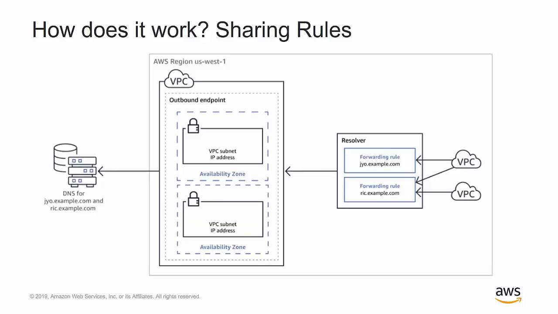You can see the top right VPC is actually associated with both the JYO rule and the RIC rule, whereas the VPC on the bottom is only associated with the RIC rule. Regardless, because both those rules are associated with the outbound endpoint on the VPC to the left, if there's a match on one of those rules that apply to those VPCs on the right, it will be forwarded out through the endpoint that is attached on the left back through to on-prem.